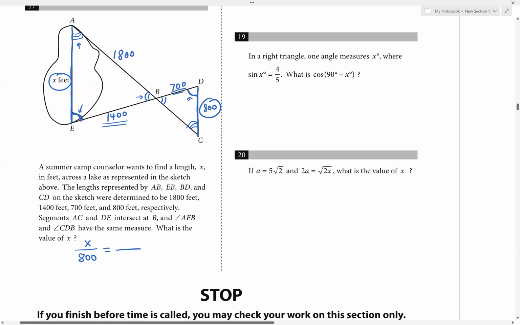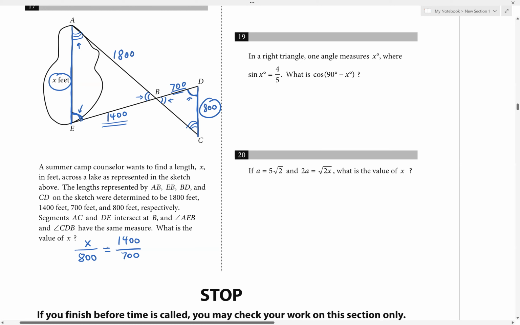So they go together. We want to put the big one on top because that's how we did it for this side. So x is the big one, on top over 800, so it'll be 1400 over 700. When we set up a proportion, both sides have to match correctly.